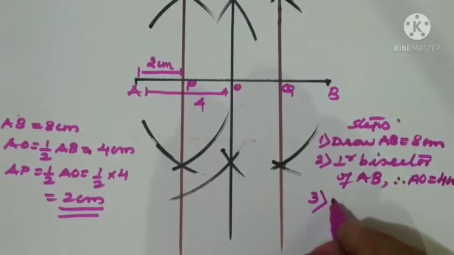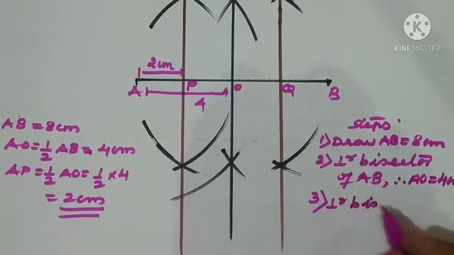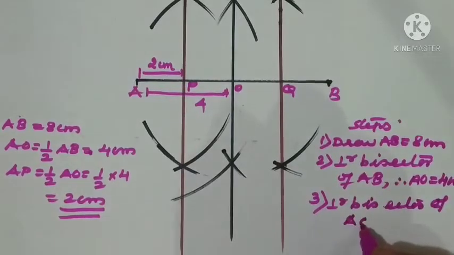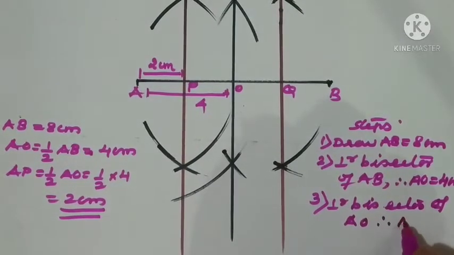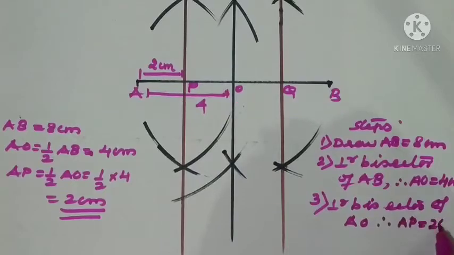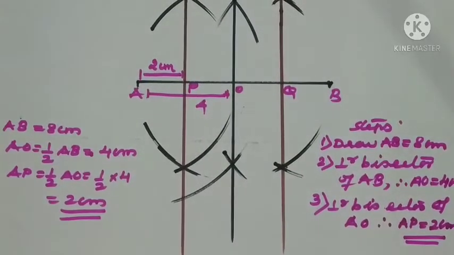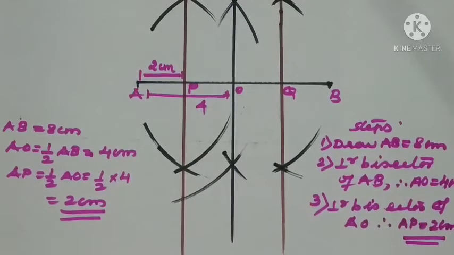Again draw perpendicular bisector of AO. Therefore AP equals 2 centimeter. These are the steps for drawing AB, and 1/4 of PQ should be drawn.